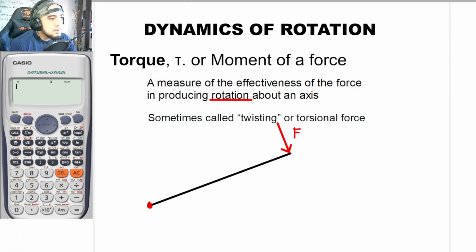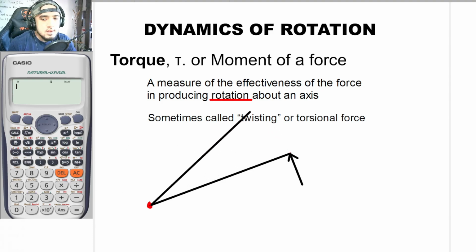However, let's pretend that the force is now acting here. If this is the force, the tendency of this stick is once again to move in this particular motion. So that is for torque.